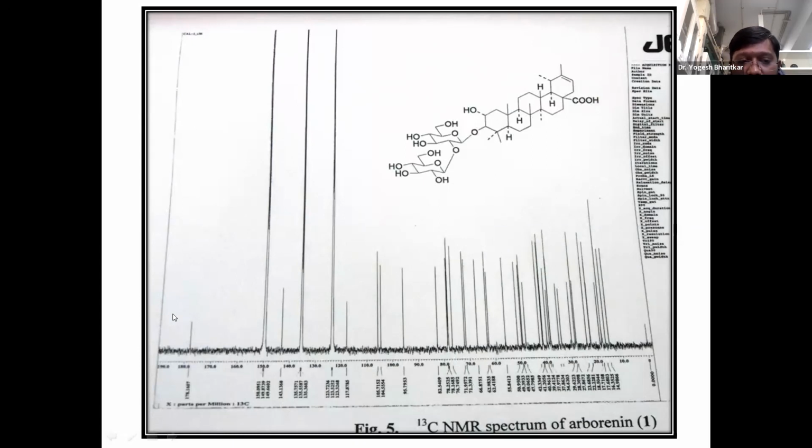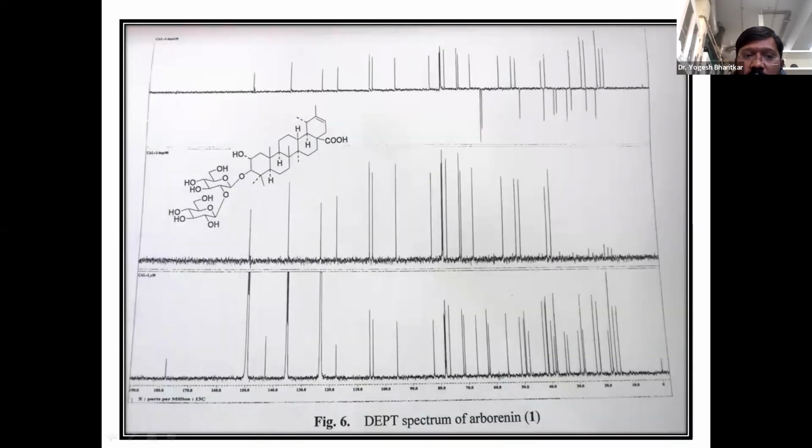And this is the acid carbon. This is the DEPT 90 and DEPT 135 expansion, and below is the broadband decoupled carbon spectrum of the molecule. The middle spectrum is the DEPT 90, where we get only CH carbons. In DEPT 135 we get CH and CH3 positive and CH2 negative.